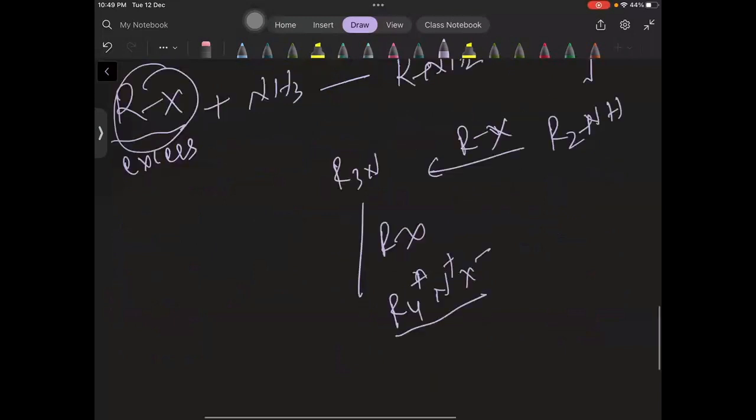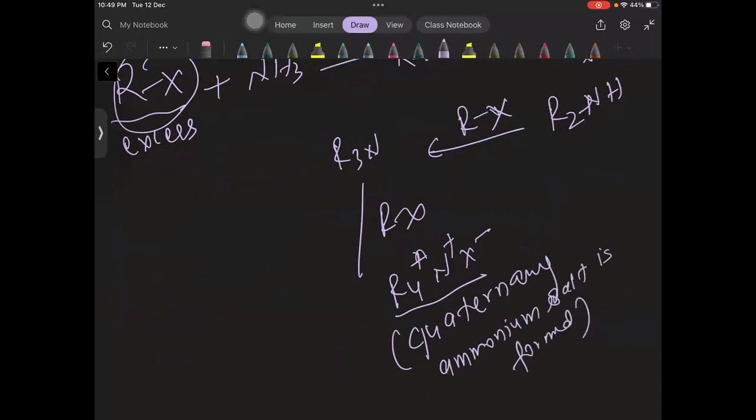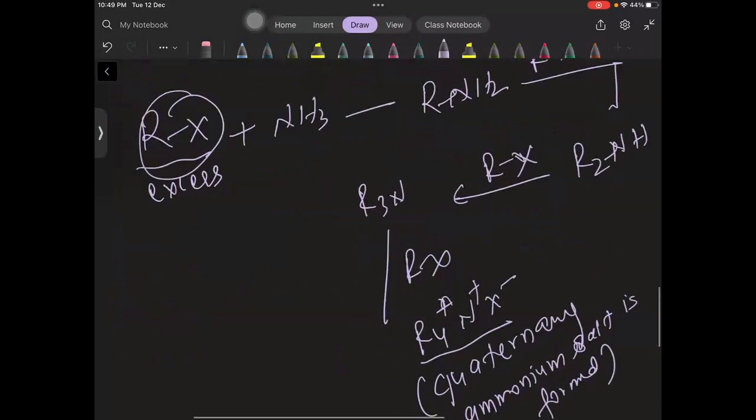It means a quaternary ammonium salt is formed.